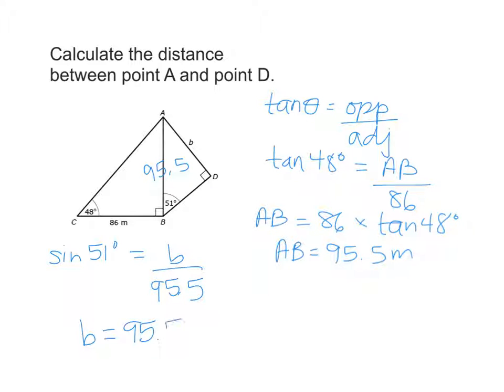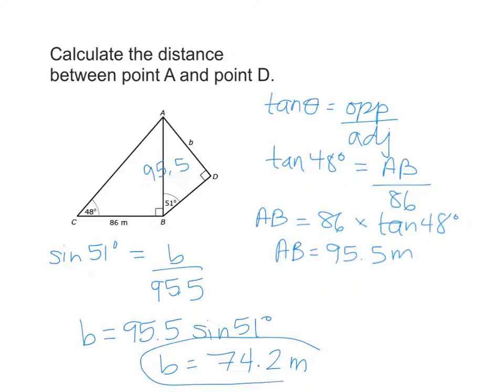So 95.5 multiplied by the sine of 51 degrees. And you get 74.2, or you could round it to 74 if you want to. I think I'll leave it as 74.2 meters. That's the answer. So again, it took 2 steps to get there.